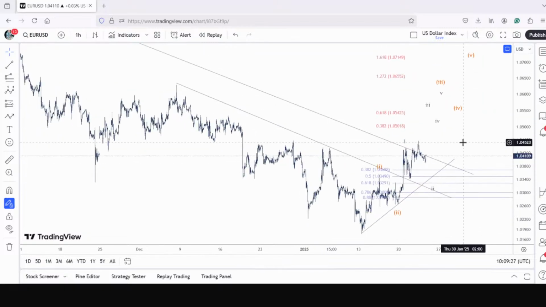This, unless the third wave is also extending, will be the most probable trajectory and finally the path.